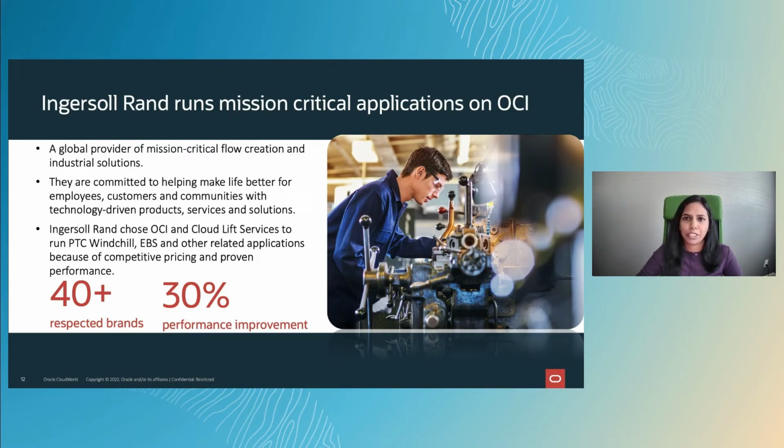To support this mission, they did an analysis and evaluation of various cloud providers and partners and decided to go with OCI, with overall better performance and better cost compared to other providers.